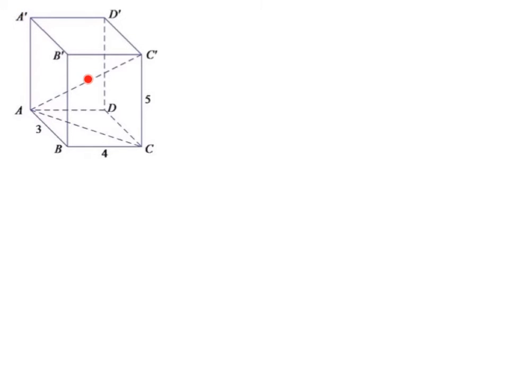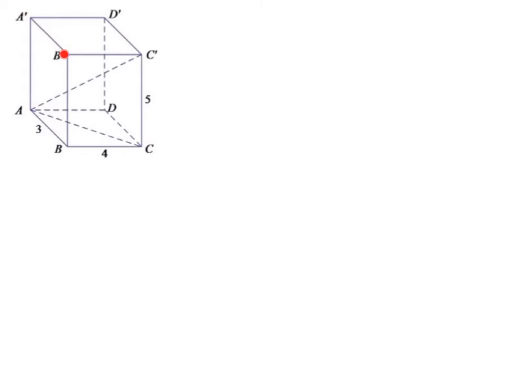Okay, why? Well, they're parallel because this is a right rectangular prism, so these are all right angles, and we learned that when a segment connects two lines at right angles, then the two lines would be considered parallel, right? So those are parallel.